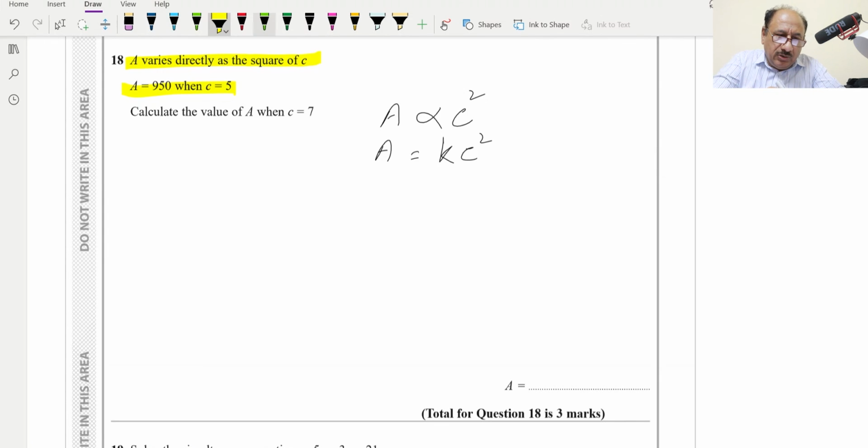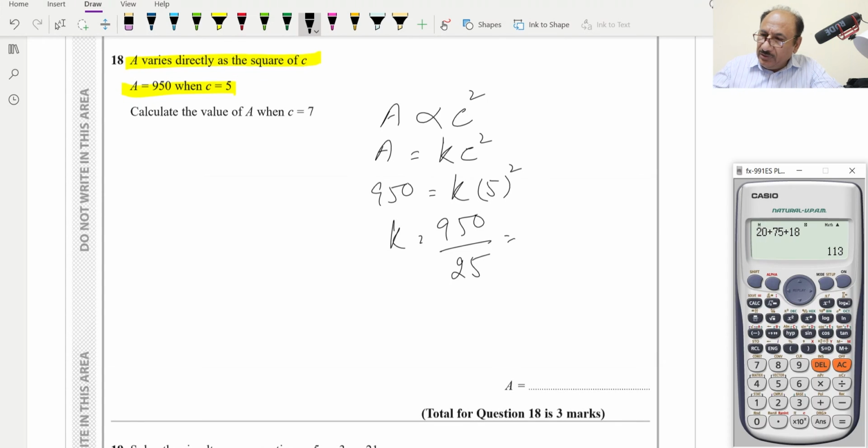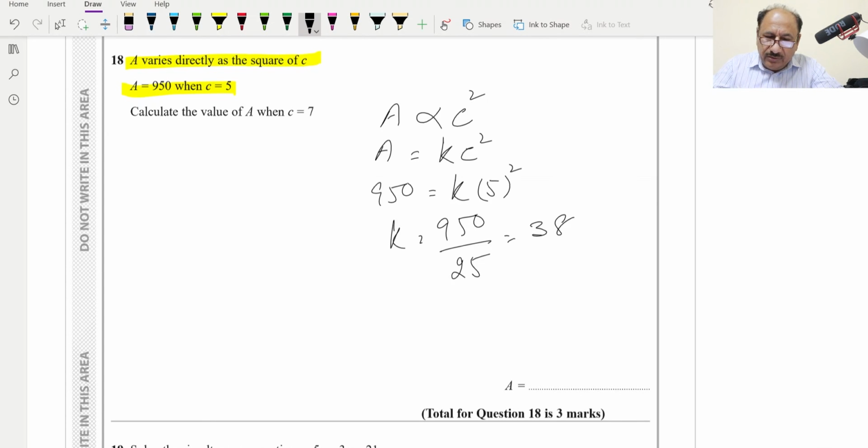A is equal to 950 when C is equal to 5, so 5 squared. So K will be equal to 950 over 5 squared, which is 25, and this will be equal to 950 divided by 25 is equal to 38. So K is equal to 38.